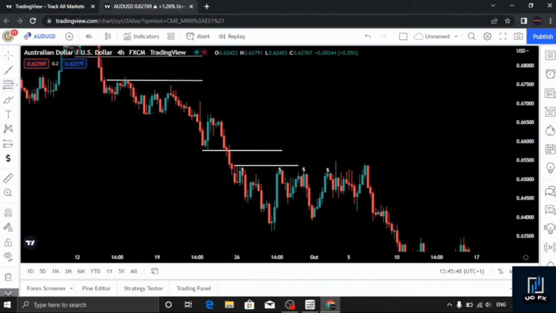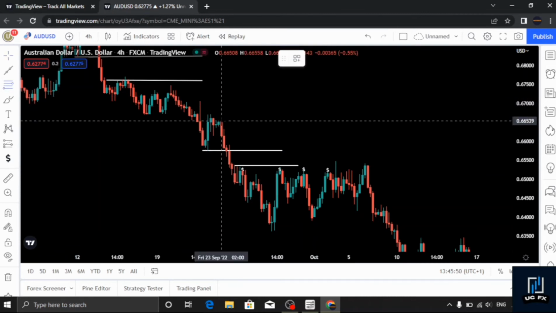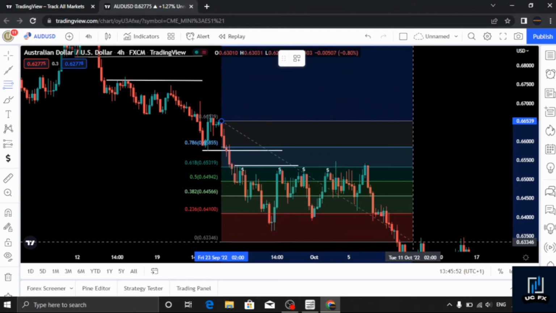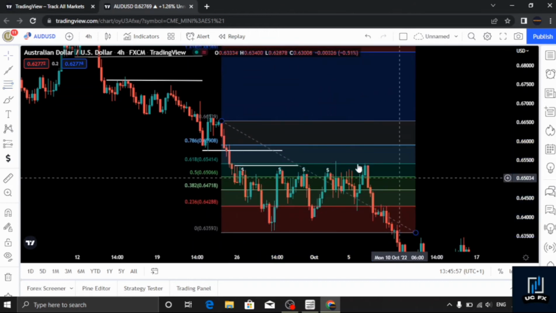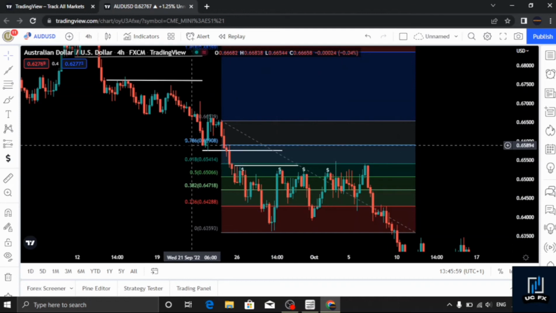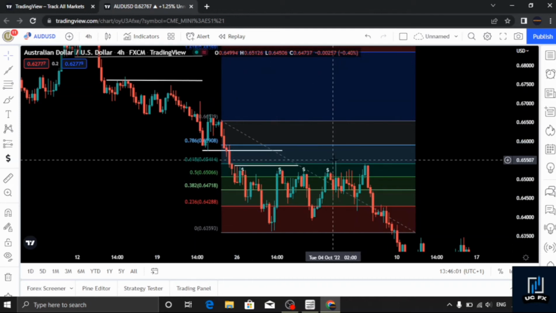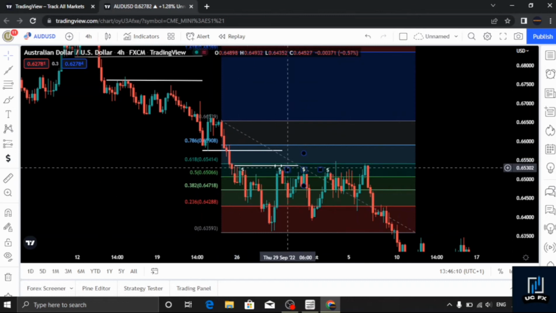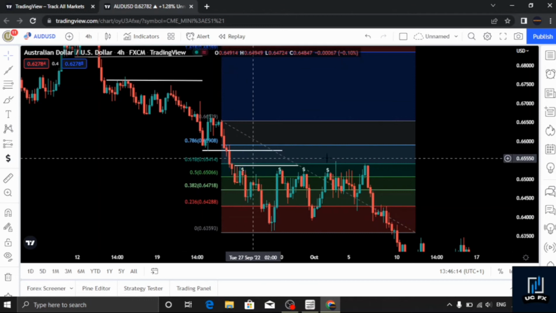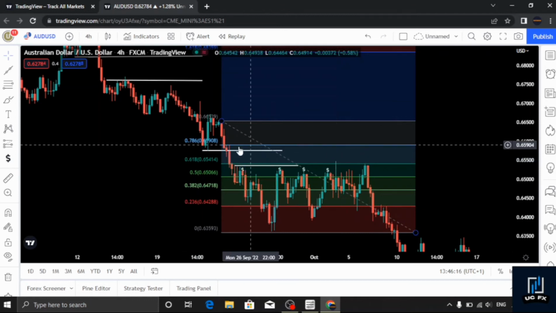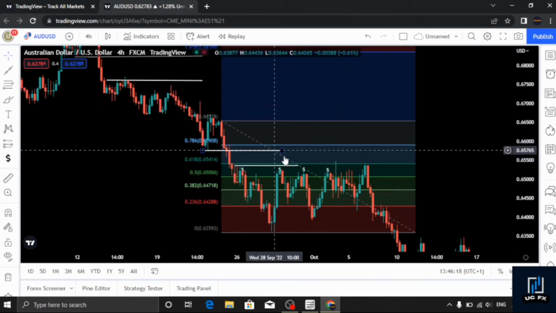So if we take our Fibonacci from these highs to these lows, you will see that price tapped into our discount level, which is the 0.681 and 0.786 of the Fibonacci. So price slightly tapped into this discount level. So the number one, break of structure, number two, formation of liquidity as price is going back to your imbalance, and the number three is discount levels.